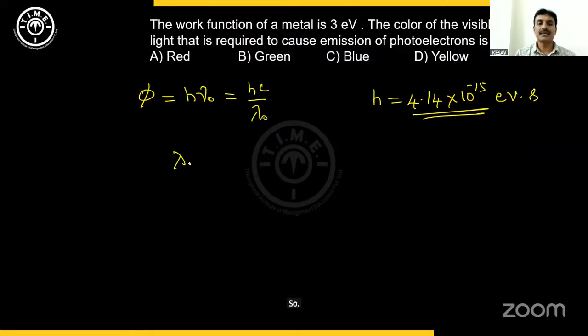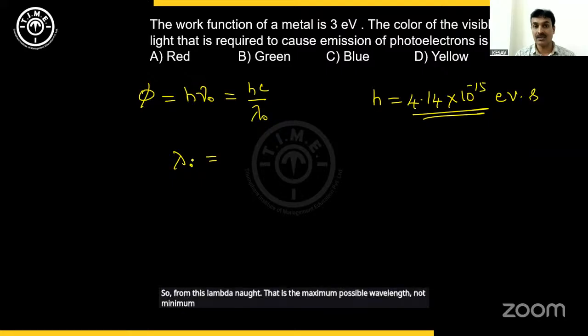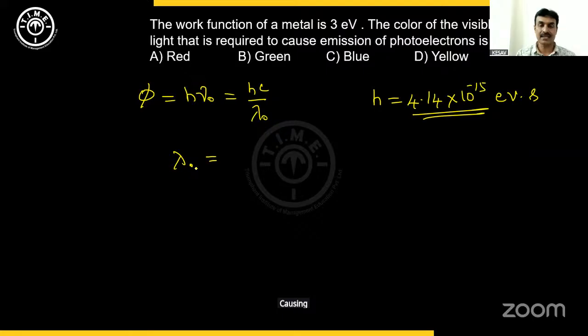So from this, lambda naught is the maximum possible wavelength, not minimum. Lambda naught, the threshold wavelength, is the maximum wavelength causing the photoelectric effect. Nu naught, the threshold frequency, is the minimum frequency.